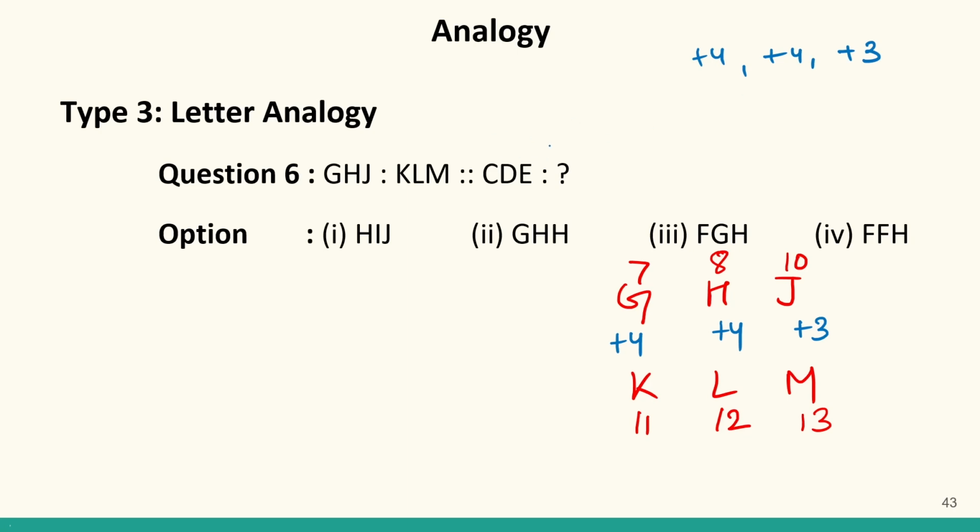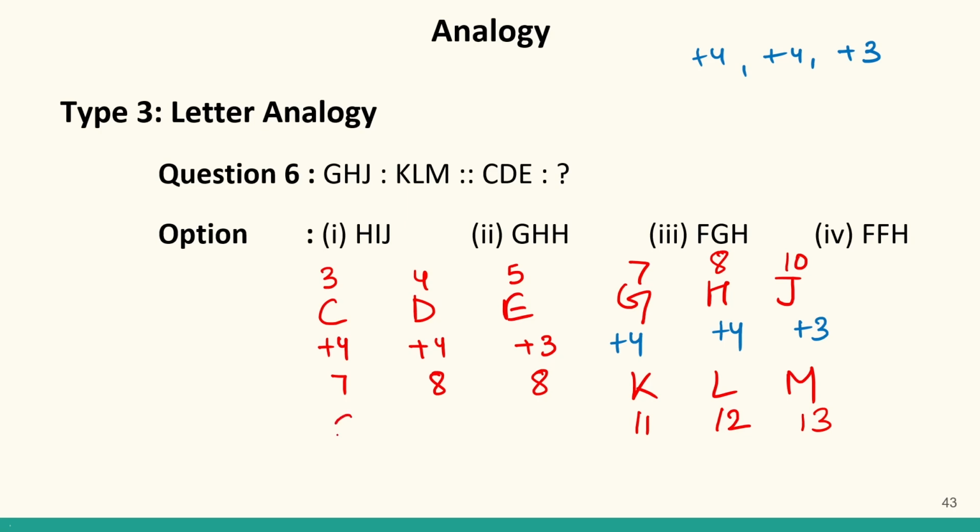Let's do the same logic for CDE and see if we can find the answer in the solution. So if I write CDE, C is positioned at 3, D is positioned at 4, and E is positioned at 5. So if I move 4 positions forward, I'll get 7. If I move 4 positions forward, I'll get 8. And if I move 3 positions forward, I'll get 8 again.